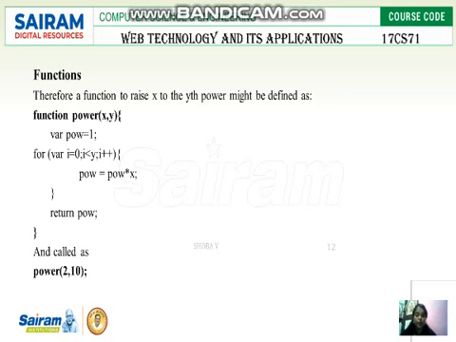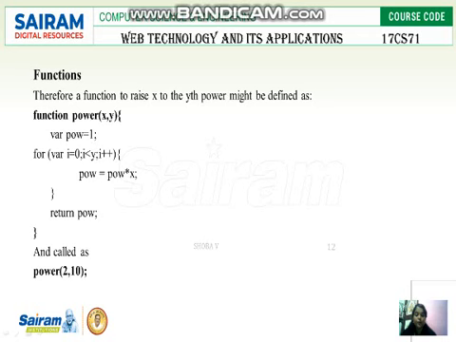Therefore, a function for x to the y power we will see now. The power of x comma y is applicable to the variable. We are going to see the power, and we are using the for condition by giving initialization i equal to 0, i less than y, and i plus plus.